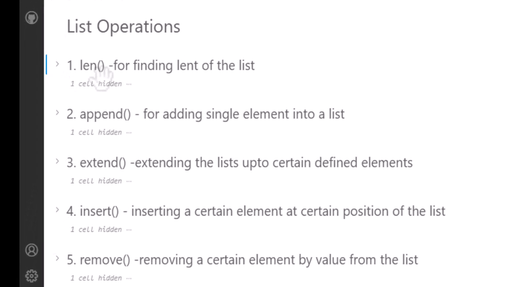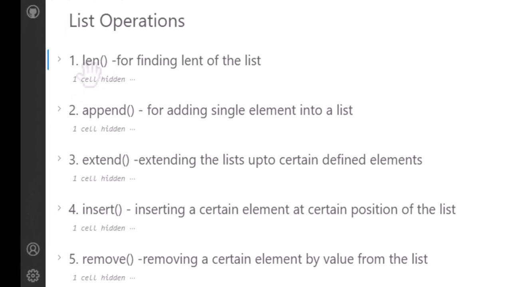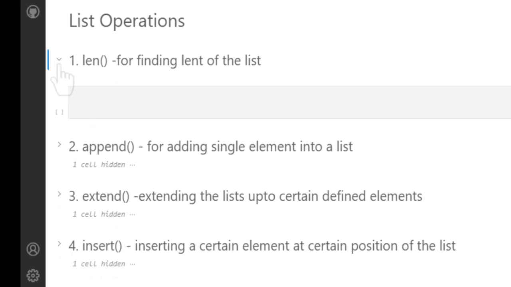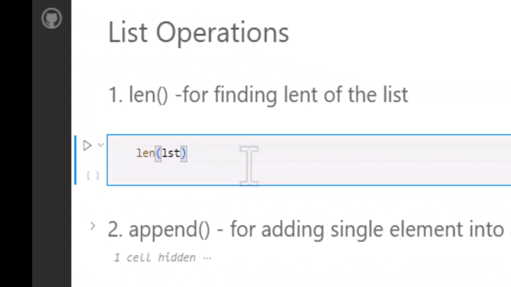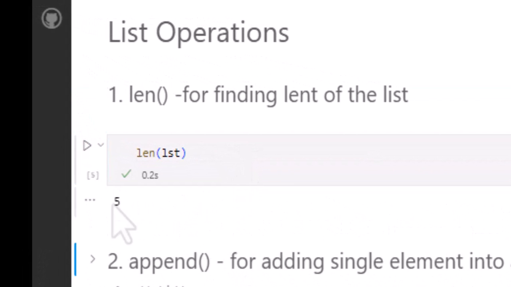Let us start with the first operation, the length operation. In Python, len is the length operation, which shows us the size or length of a Python list. To find the length of a list, let me use LST here. It will show me the number of elements present inside the list.